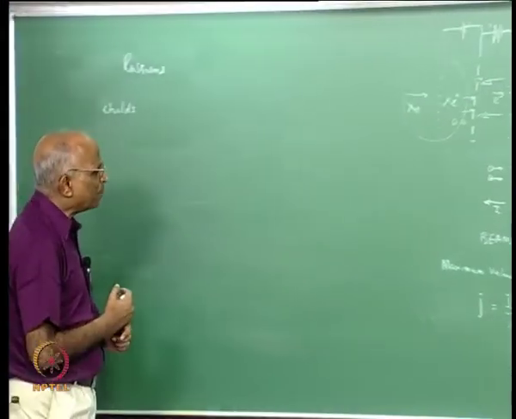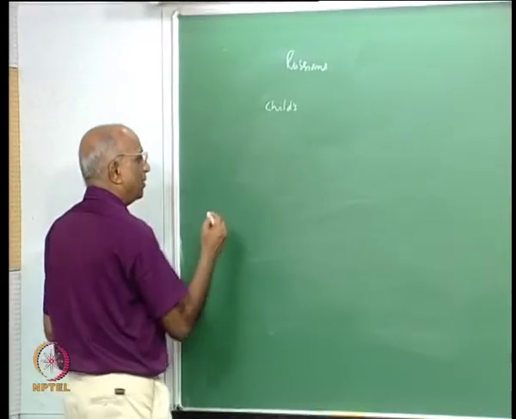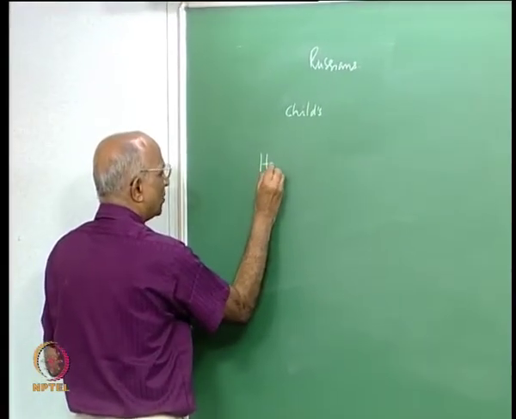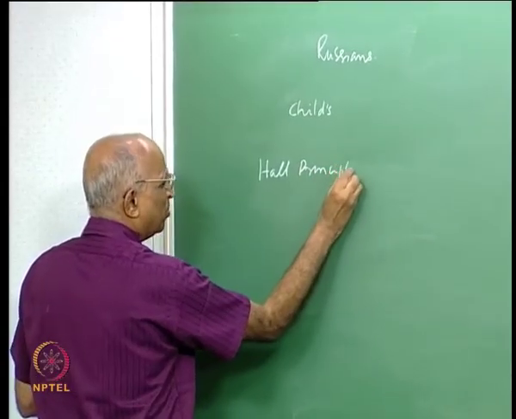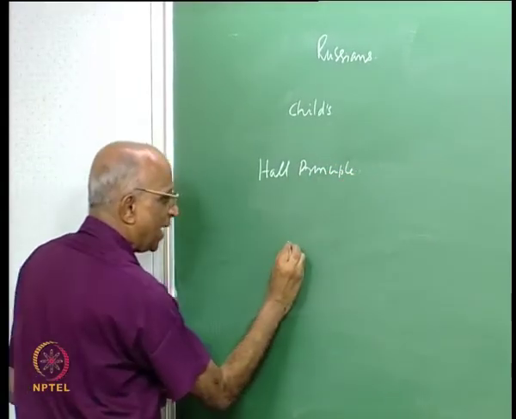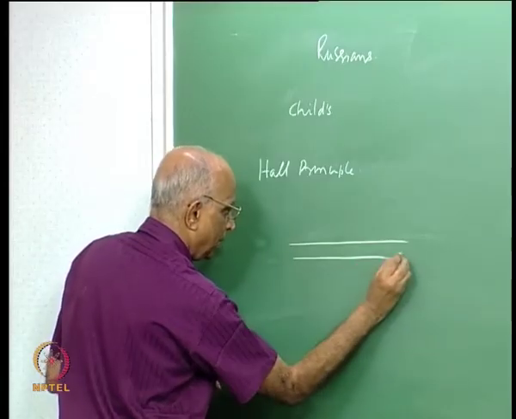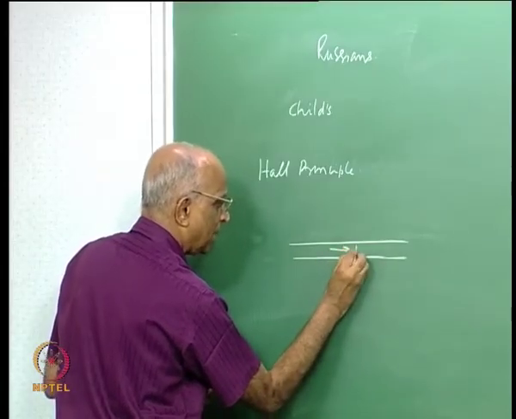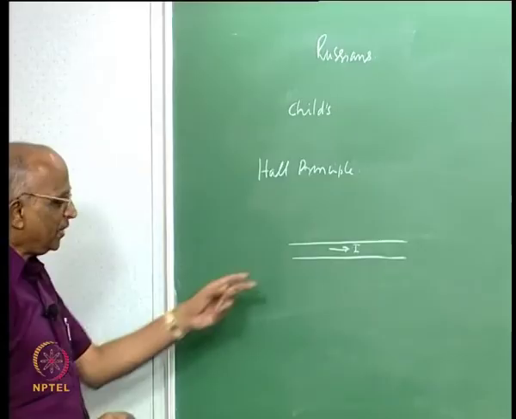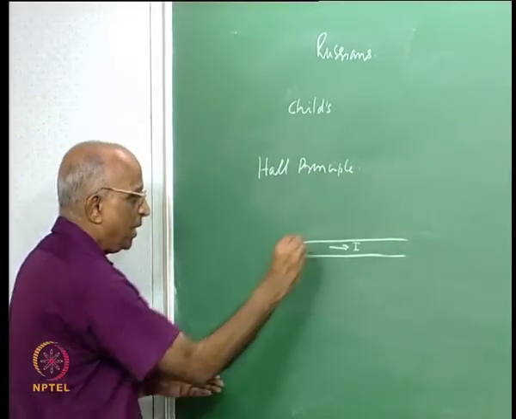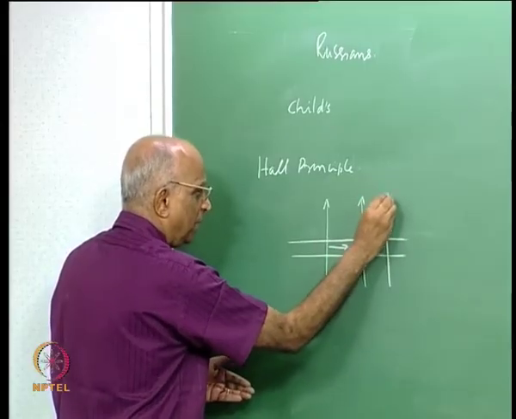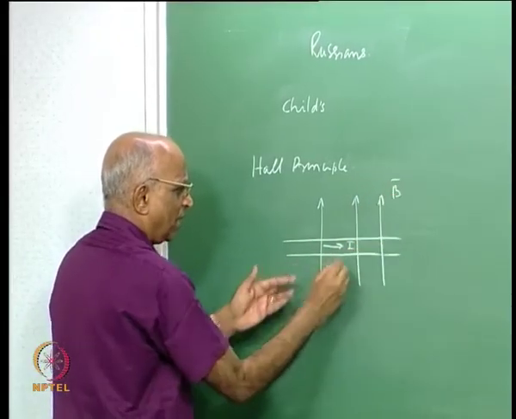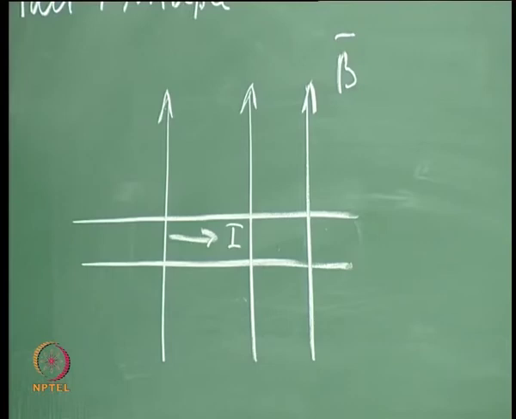Now, there is a principle in electrical engineering or physics known as the Hall principle. What does this principle tell? Suppose I have a conductor, in which I pass a particular current I, and this conductor is placed in a magnetic field perpendicular to it, that means I have so much Tesla normal to the current flow in amperes.